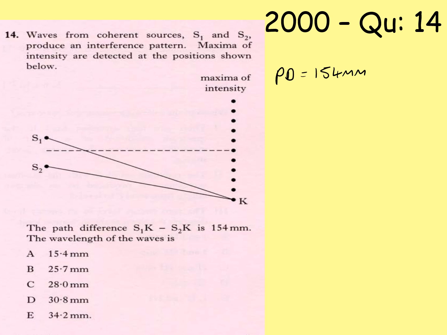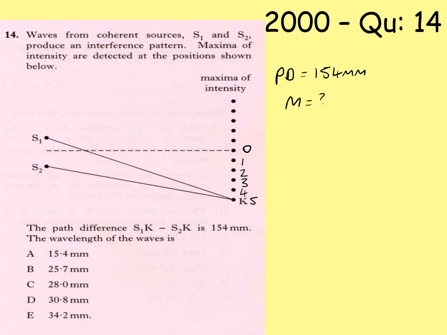Now, in order to find the wavelength of the waves, we must first find out m. Well, a central maximum occurs when the path difference is equal to 0 lambda. The next one is at 1 lambda. Our next one's going to occur at 2 lambda, 3 lambda, 4 lambda, and then at K, we're at 5 lambda.